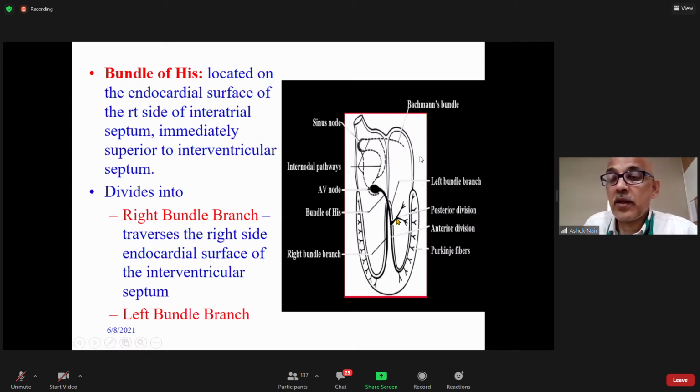The septal fascicle will divide and supply the mid region of the left interventricular septum. It's not there in this graph, but it will be joining here in the interventricular septum.